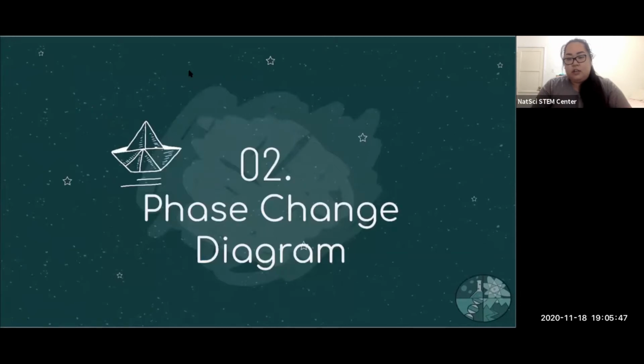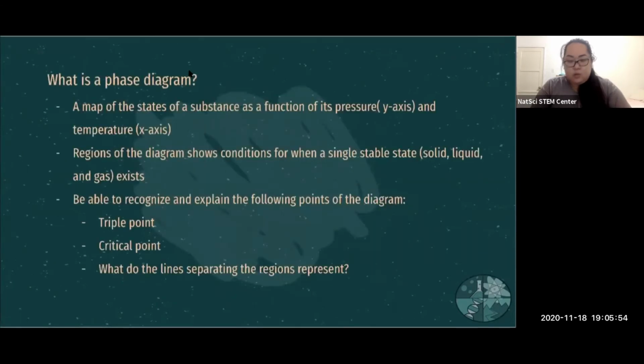So now that you know that information, or just refreshed it, we're going to look at a phase change diagram. So what is it? A phase change diagram is a map of the states of a substance as a function of pressure versus temperature on the x-axis. The regions of the diagram will show the different states of matter, the condition it is in.